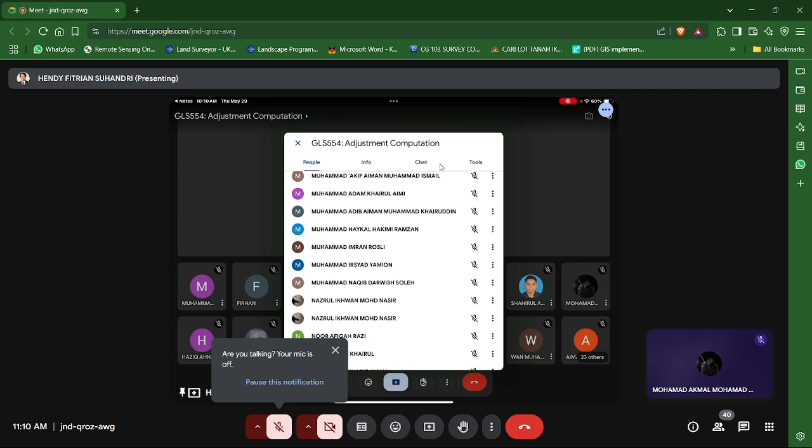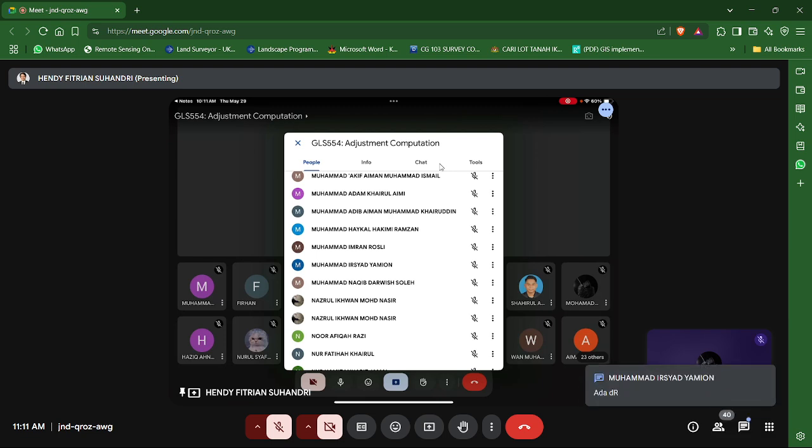Lama pula ni. Irsyad Yamion, betul? Mana Irsyad ni? Irsyad ada tak? Mana dependent, mana independen Irsyad? Awak ni kenapa tak ada suara ni? Dekat tandas ke?